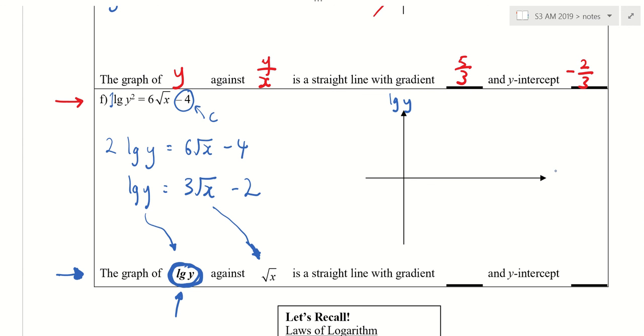So this is vertical is log y, horizontal is root x, and the gradient is 3. The y-intercept is minus 2, and then there's a line up. But sometimes they will tell you what they want to draw.